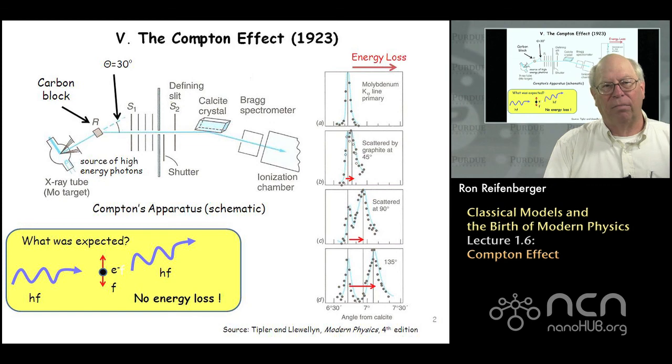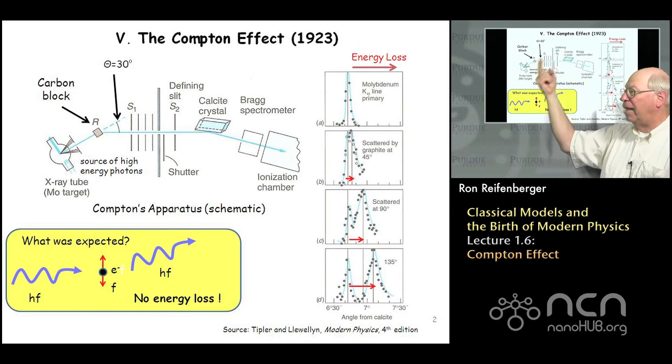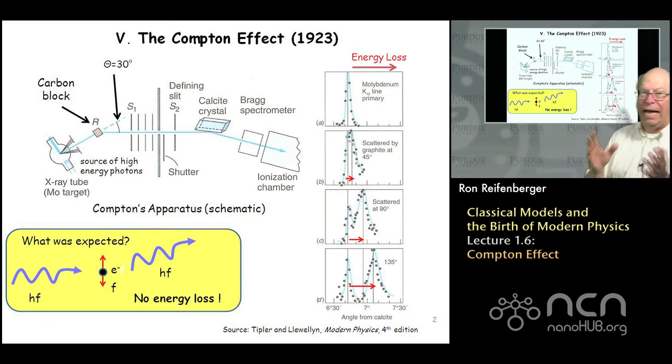That's the bottom line. It's referred to as an elastic scattering process, and that's what experimentally you would expect to observe. You would expect the X-rays scattered from this carbon block, as a function of the scattering angle, to have exactly the same energy as the incident X-ray beam. Well, experimentally that was not observed to be true. In fact, what Compton observed was that as the scattering angle was increased, a significant number of the scattered photons lost energy.